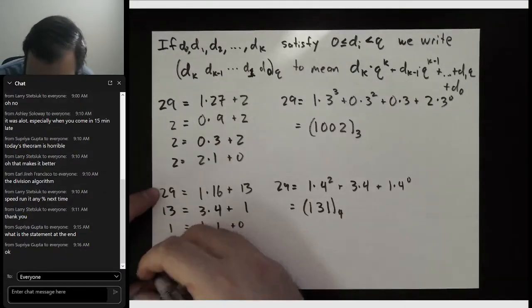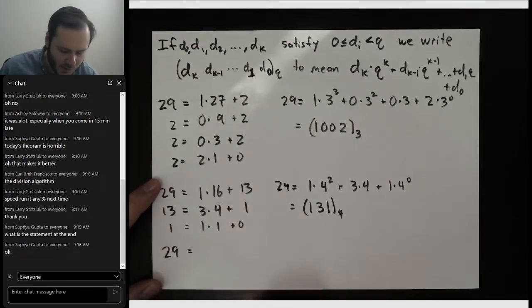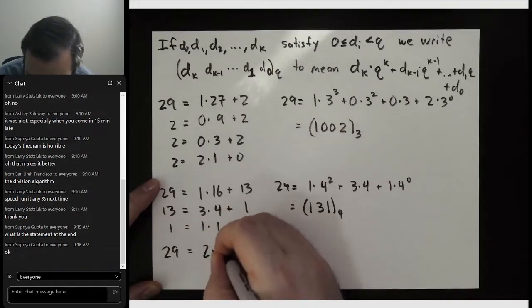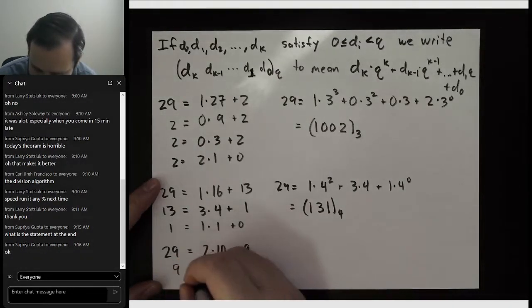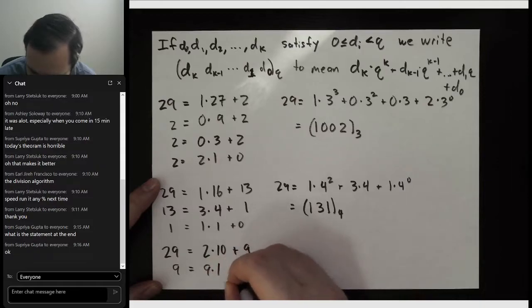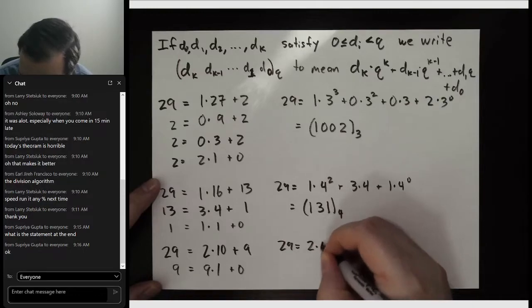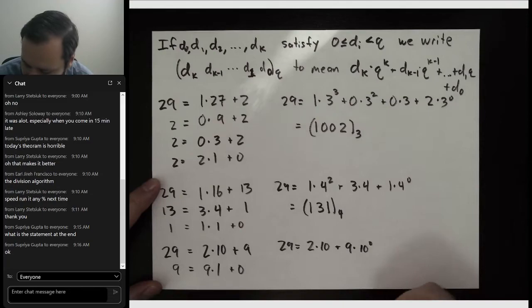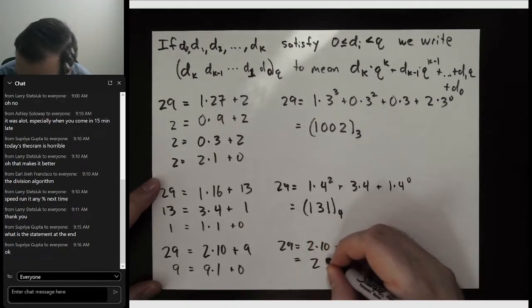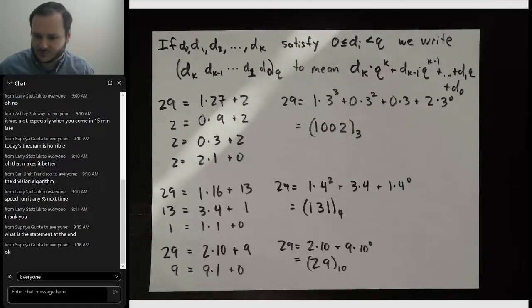By the way, this also works for base 10. 29 is equal to 2 times 10 plus 9. And 9 is equal to 9 times 1 plus 0. So 29 is equal to 2 times 10 plus 9 times 10 to the 0, or 29 base 10. That's why we write 29.